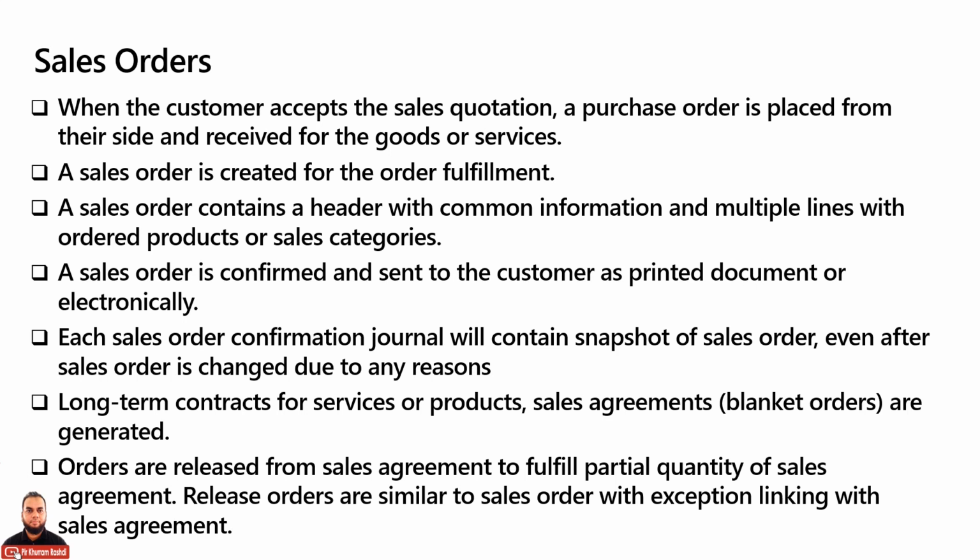So release orders are similar to sales orders, with the exception of linking with the sales agreement. Sales orders normally do not have any link to a sales agreement, while release orders will have a link to the sales agreement.